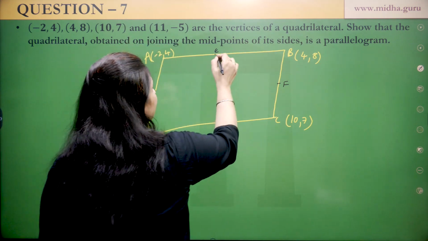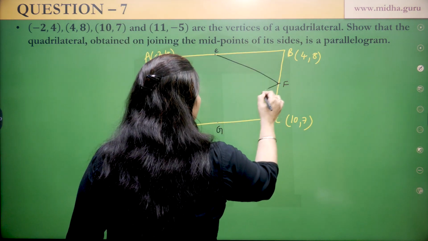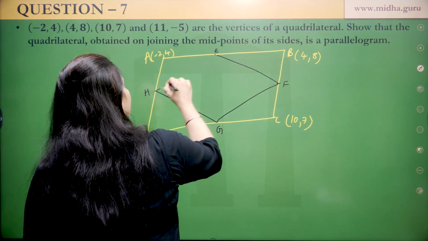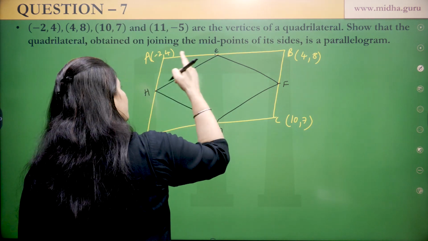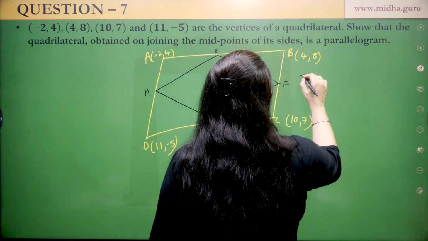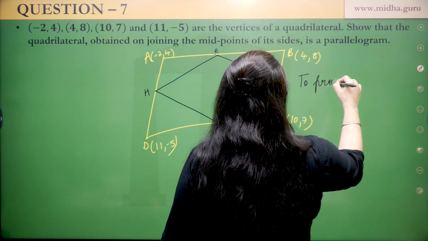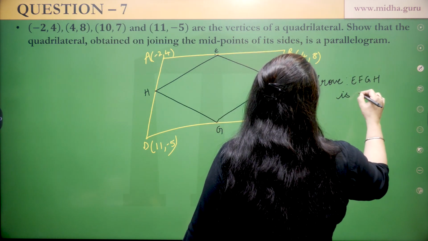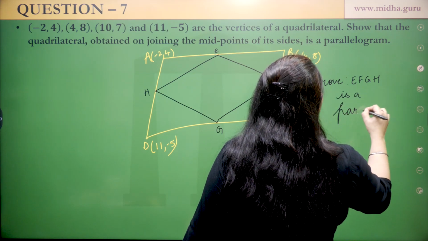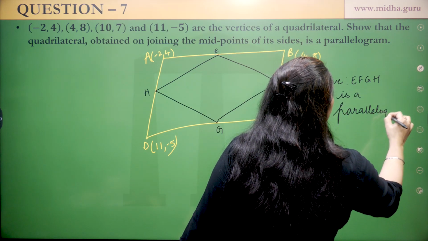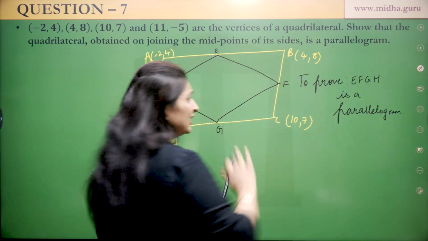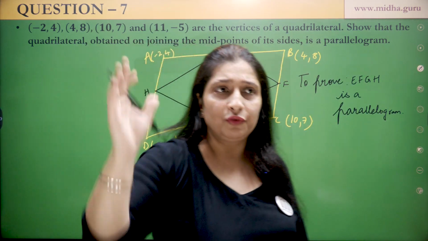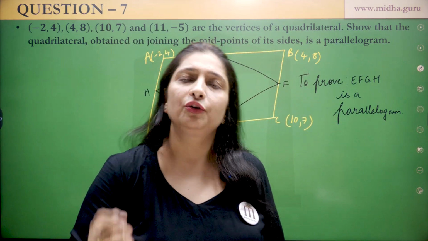So you're going to join these, and we are getting a quadrilateral again. Now you have to prove that EFGH is a parallelogram. Again we are going to use the same method which we just used in question 6, where we proved a quadrilateral to be a parallelogram.